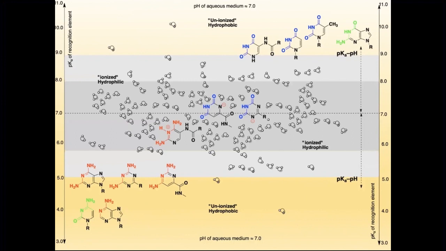If you have a pKa, the ability to donate a proton or take a proton, near the pH of 7, which is close to the neutrality of water, water begins to overwhelm your interaction. Instead, molecules that have a pKa farther from 7 are hydrophobic. They don't like water, like oil droplets. Whereas these others are hydrophilic. They would like to interact.